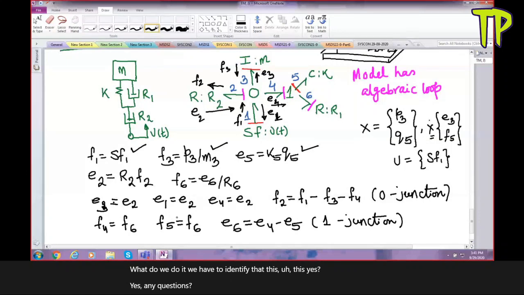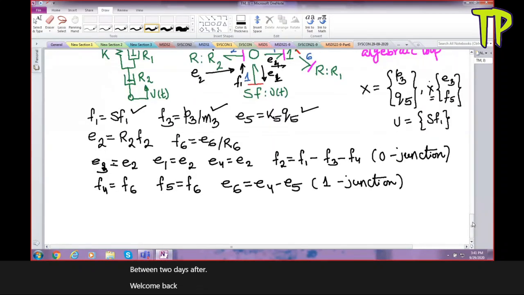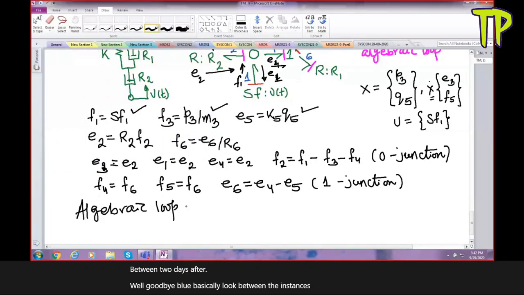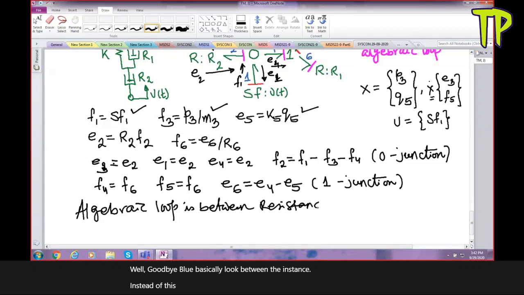So we will say that this algebraic loop is basically a loop between two resistances, or differential causal elements.